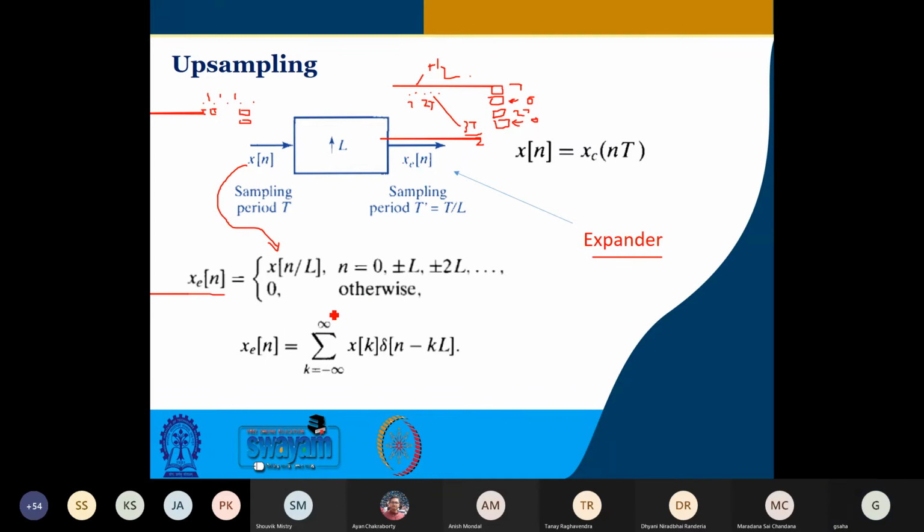And at the rest of the places, where this is not valid, it is 0, like what you had shown for L equal to 2. For L equal to 3, there will be 2 zeros, L equal to 4, there will be 3 zeros between two such values. Is this clear? What is happening? 0 insertion between samples, as many zeros as required by the upsampling factor that we are talking about.